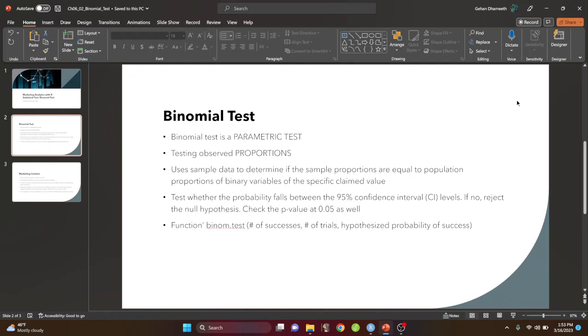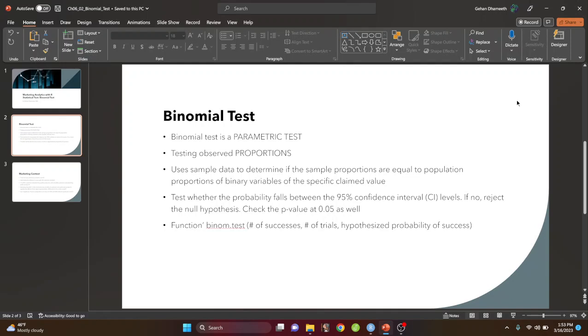That's the region. If the probability that we are trying to calculate falls within this region, we accept the null hypothesis. If it does not fall within the confidence interval, we reject the null hypothesis.